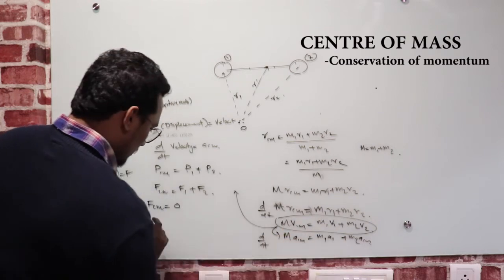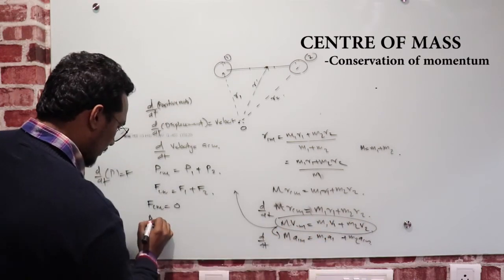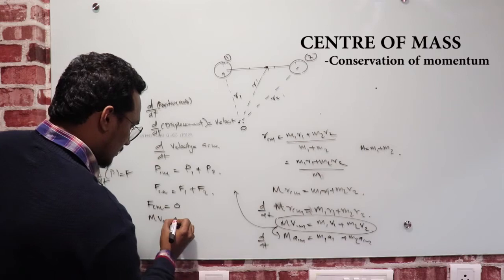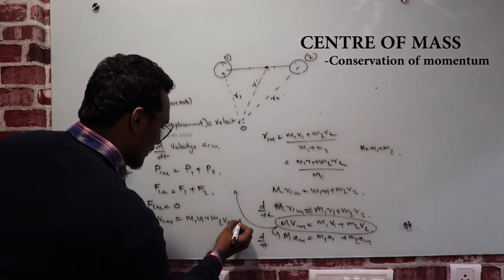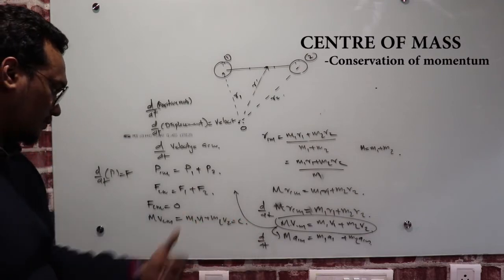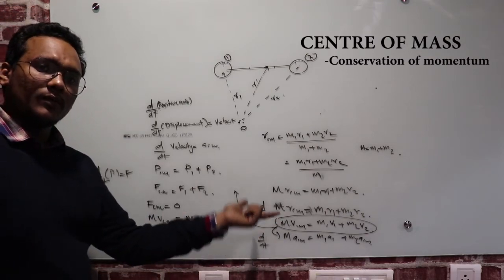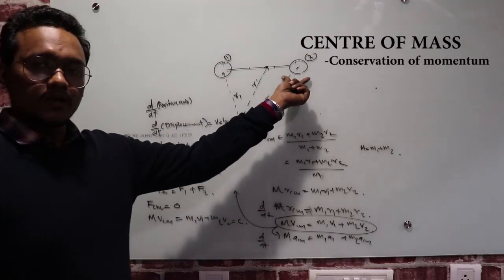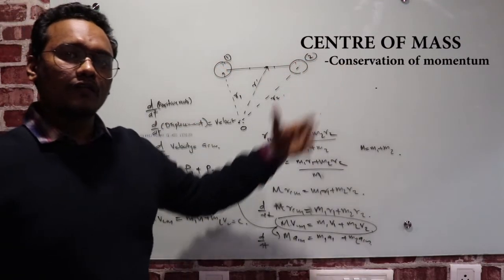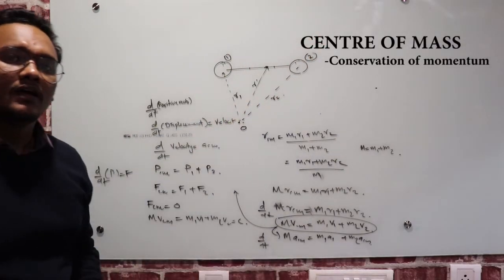Or m into vcm is equal to m1 v1 plus m2 v2 is equal to a constant. What does this mean? That momentum will always be conserved, because this is momentum of first body, this is momentum of second body, and the sum of the momentum will always be conserved.